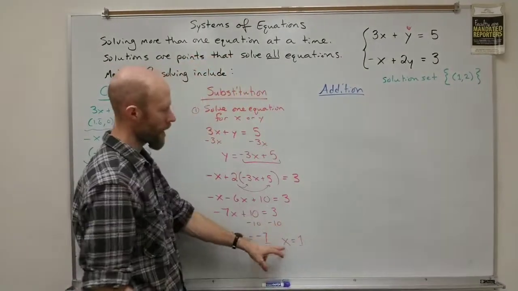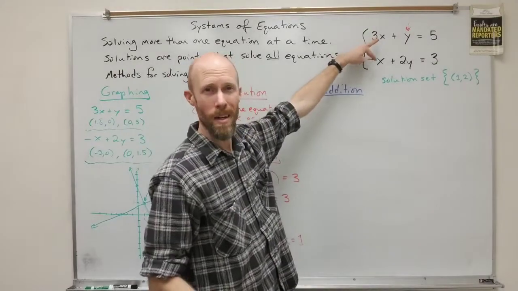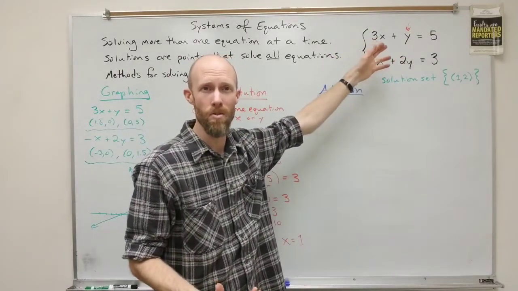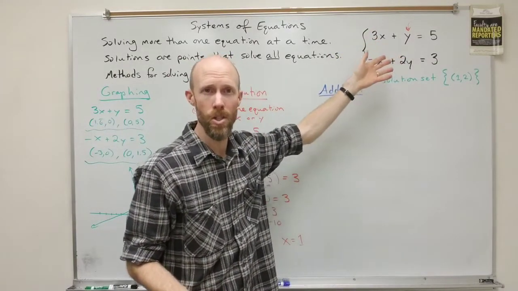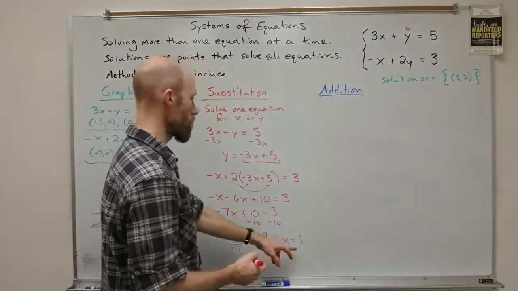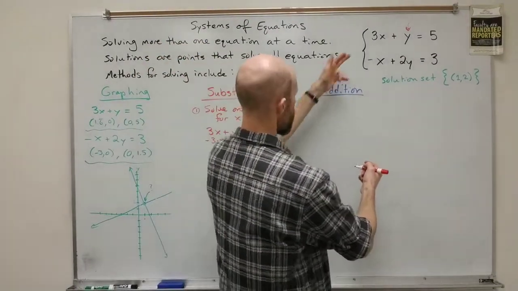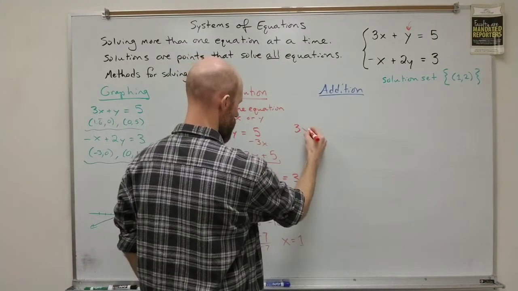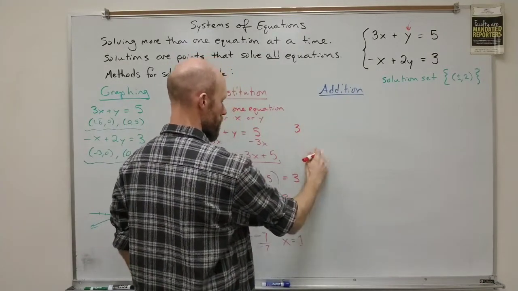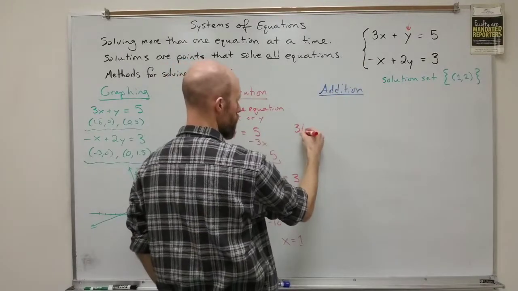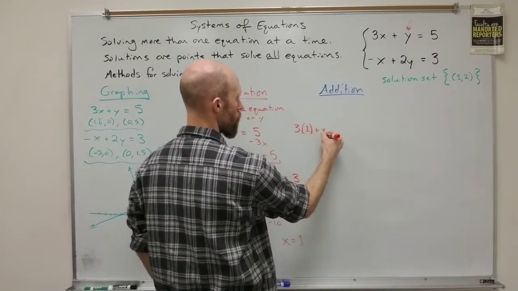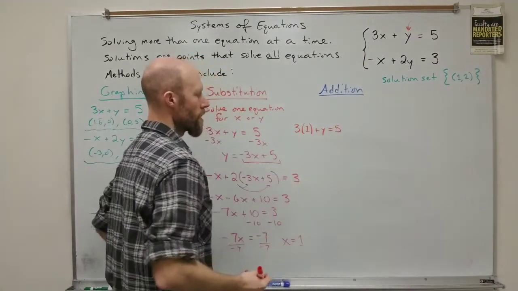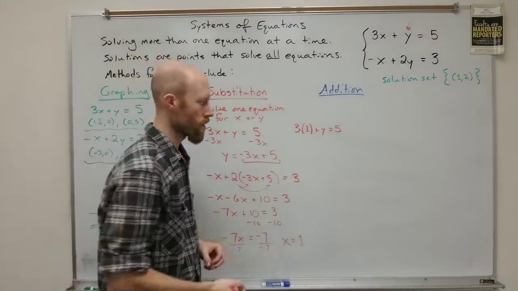and I can plug it back into either equation. Because it's an intersection point, the y value is going to be the same regardless of which one I choose. So I'll go to the top one here. I know that x is 1, so it's 3 times 1 plus y equals 5. If I solve that for y, I'll get the other coordinate.